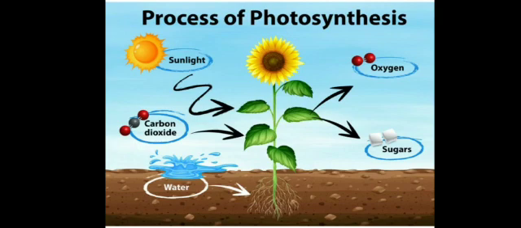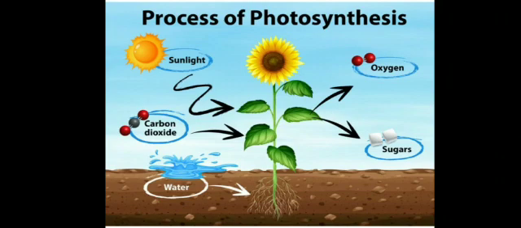These small openings are known as stomata, and chlorophyll and stomata together use this energy and convert carbon dioxide and water into food for the plant in the form of glucose.